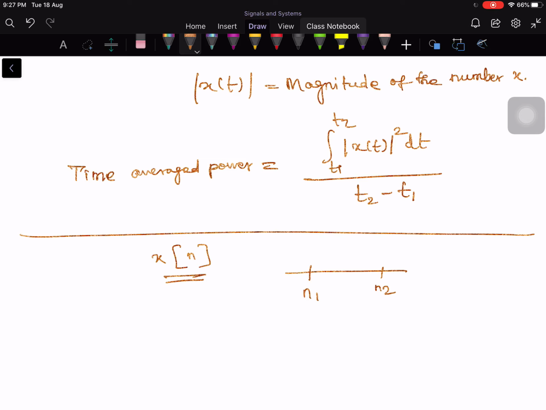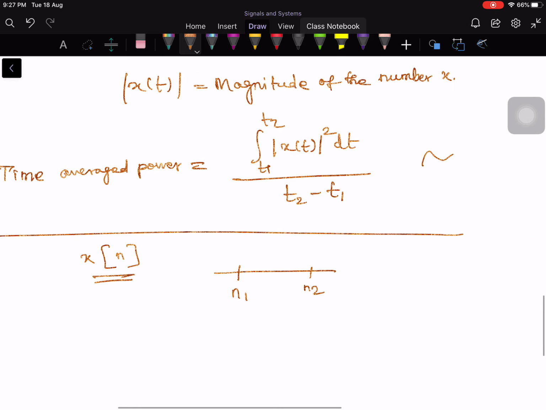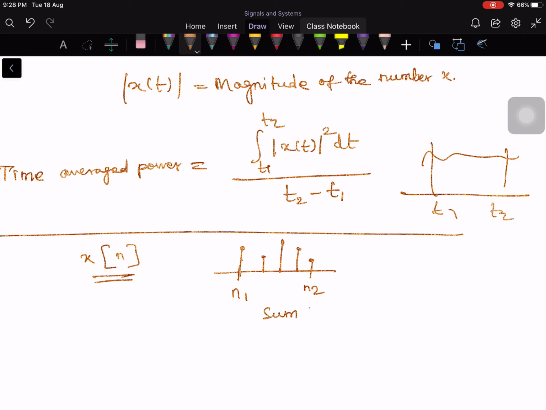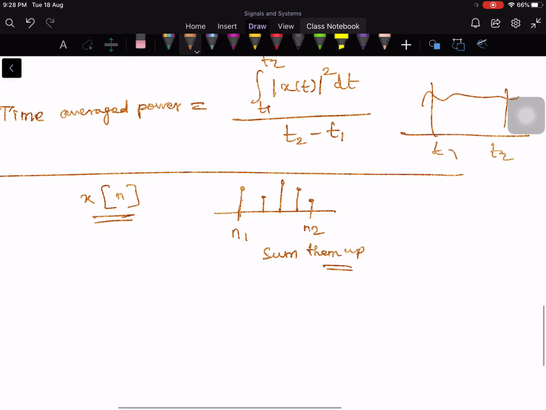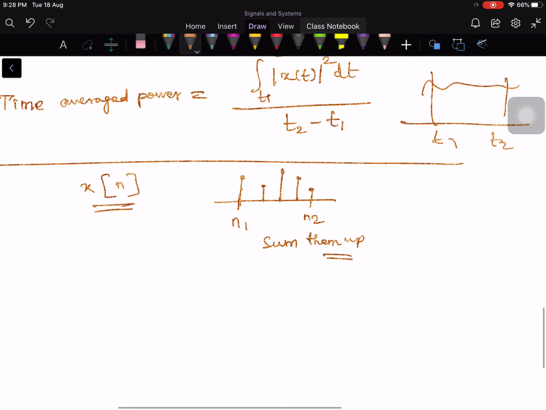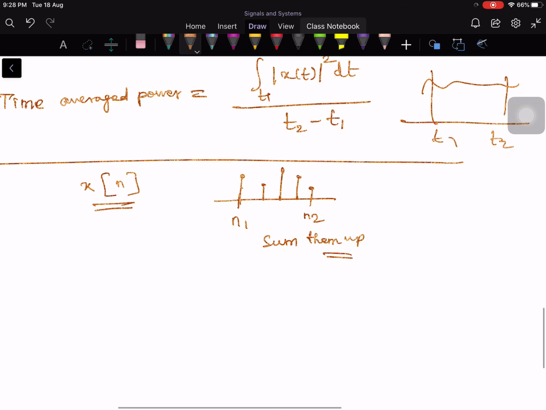Okay, so in the continuous case you have the signal and you integrate from t1 to t2, but in the discrete case the signal values are discrete. Therefore what you need to do is sum them up. So that's what we are going to do to find the total energy of the signal in the discrete time domain.